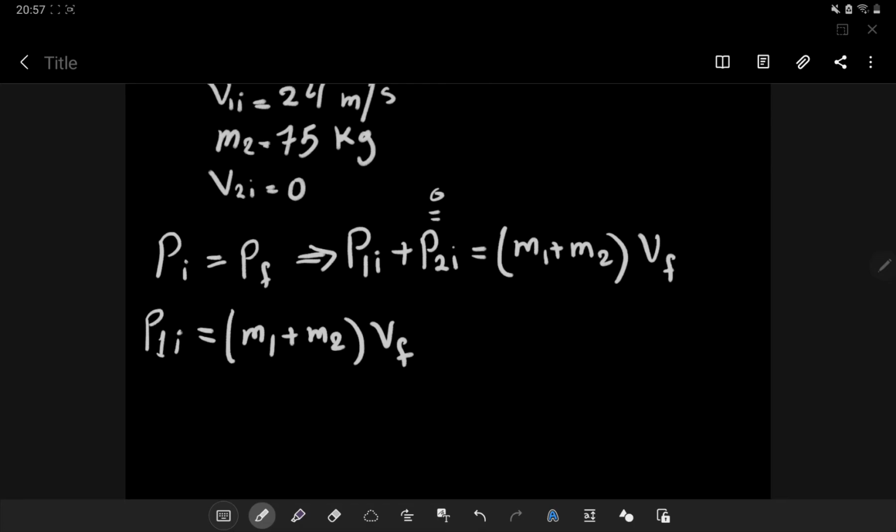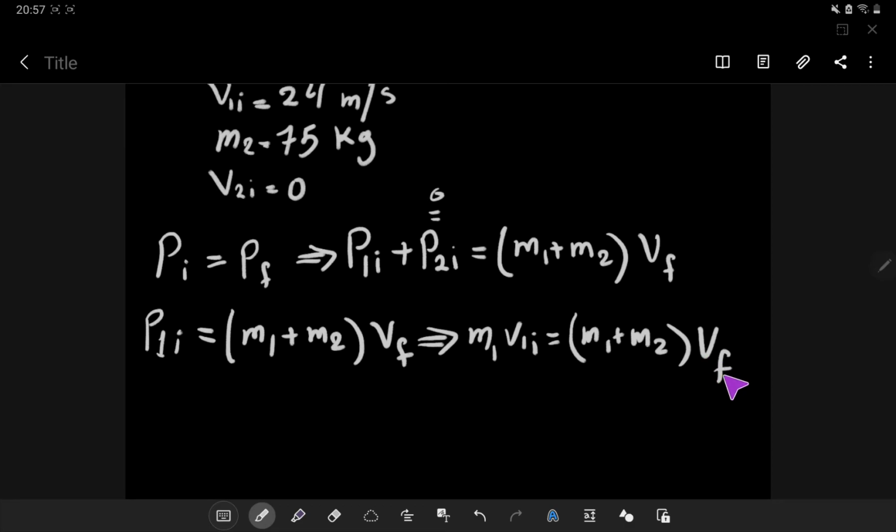Now we need to calculate V final, but before that, we can write P1 initial, M1 V1 initial, equal to M1 plus M2 multiplied by V final.